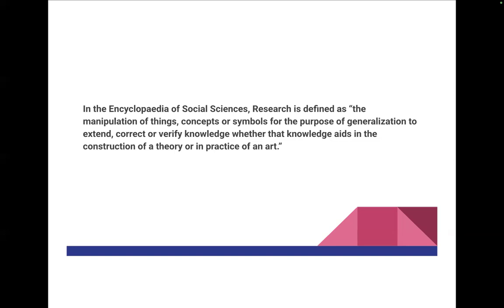But in research, we put focus on making things generalized. We try to prove the theorem to be true for all conditions. That is what we call generalization. So in social science, we define research with this term, generalization.